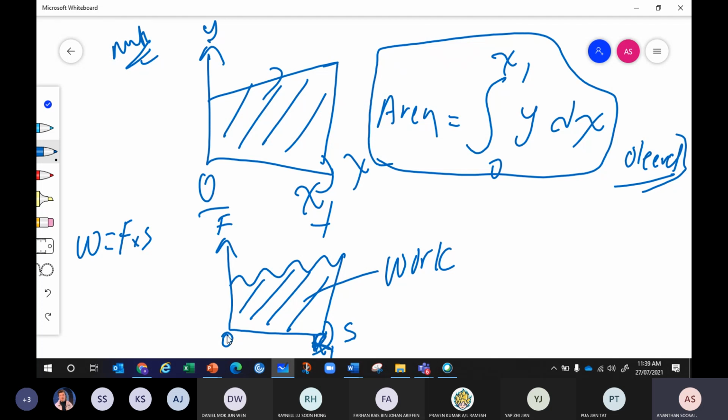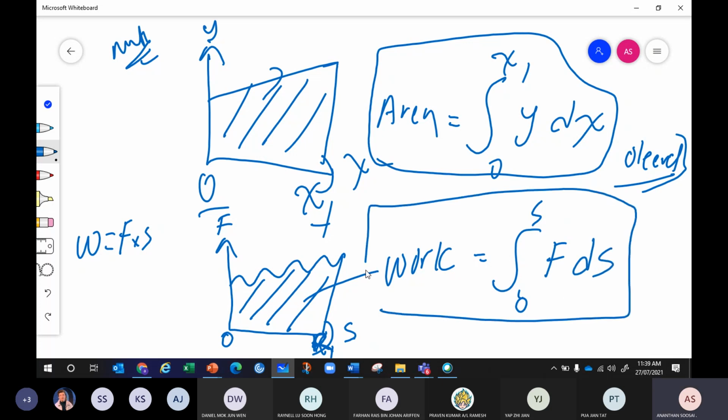What is the work done to move from 0 to r? How do you put it in integration format? The limit is 0 to s, y dx. Y is your y-axis, dx is your x-axis. So here you put F and s. You put F ds, right? This is the work done in integration form.